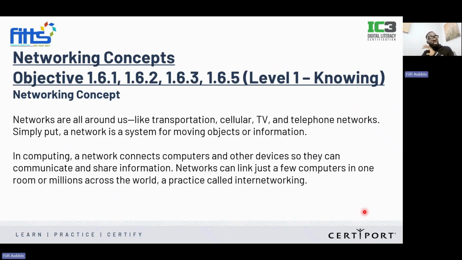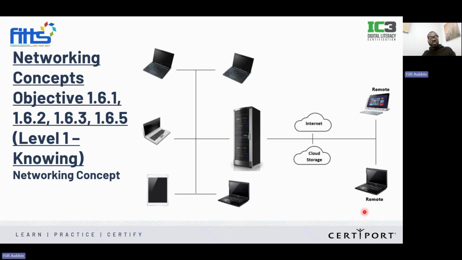Networks can link just a few computers in one room or millions across the world, a practice called internetworking. This is just a very simple design where we've got a server, laptops, maybe your iPad in one network. We'll delve deeper into that as we move along.